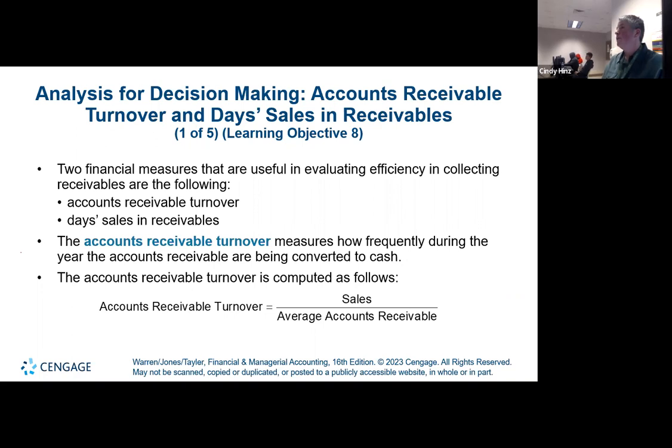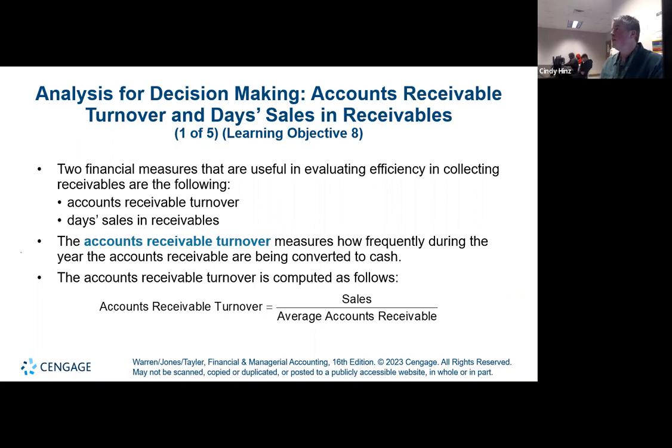As we're looking at receivables on the balance sheet, we've talked about that balancing act of wanting to extend credit so we don't lose sales, but also not wanting our risk level to be too high so that we have unacceptable losses. We want to make sure we're collecting from our customers in a timely fashion.